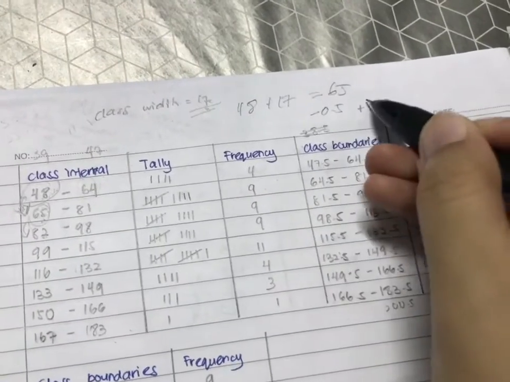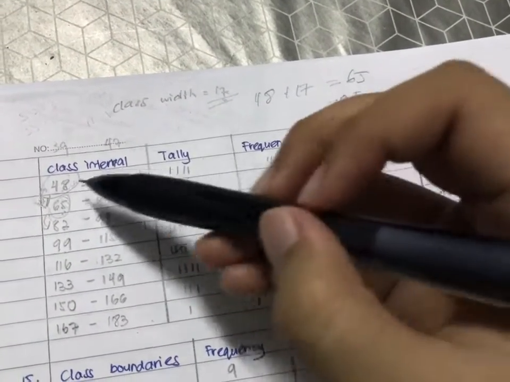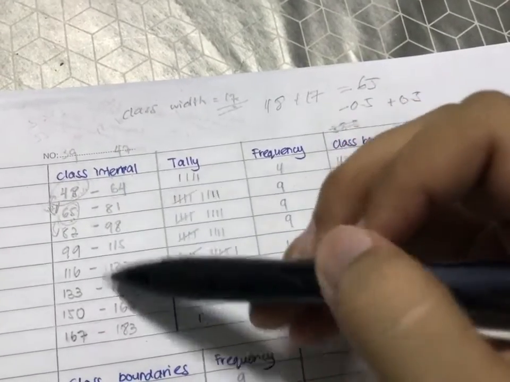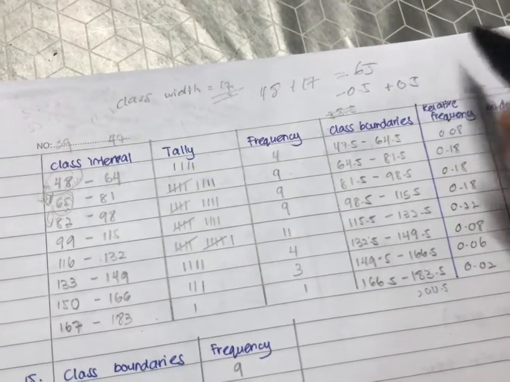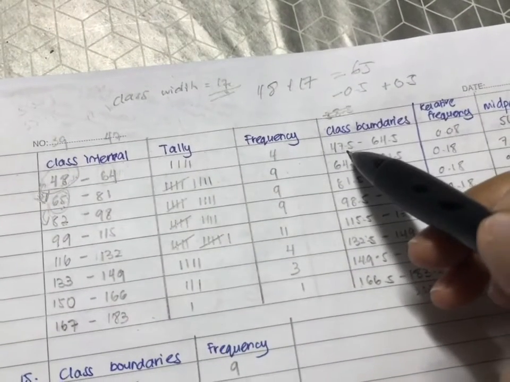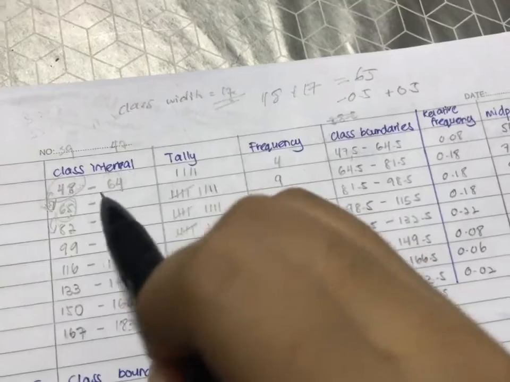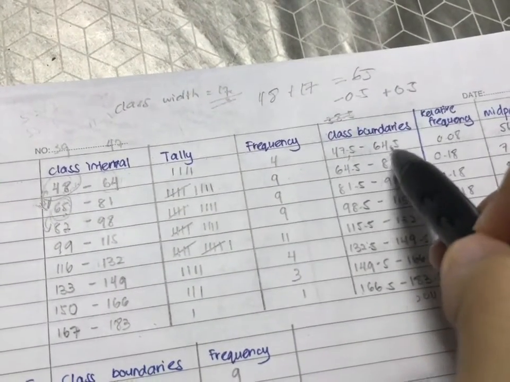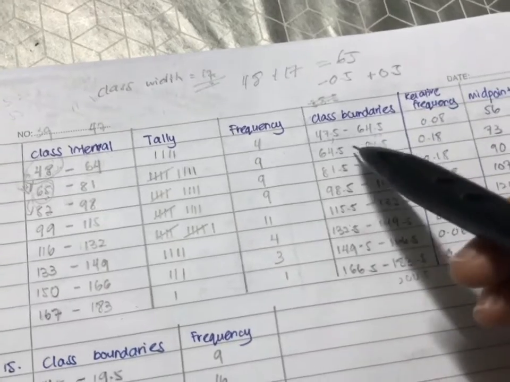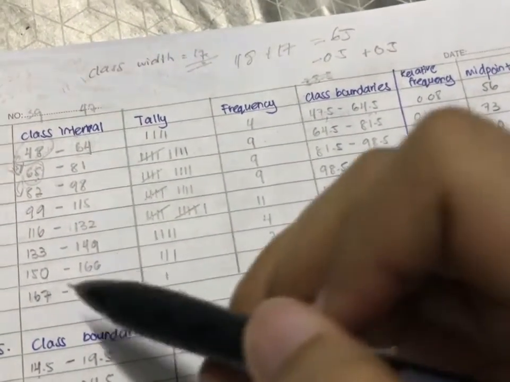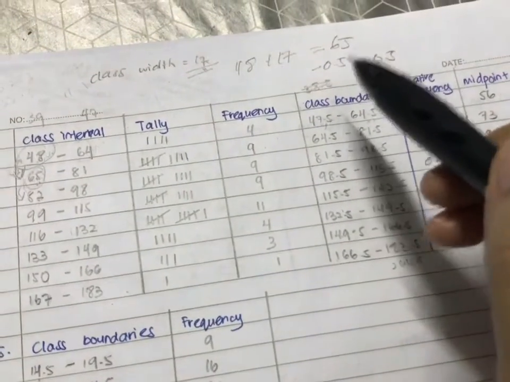So number in front will minus 0.5 and number at the back will plus 0.5. So 48 minus 0.5, it will become 47.5. 64 plus 0.5, it will become 64.5. So we will write it and find it until the end. Okay, so it becomes like this. It's so easy.